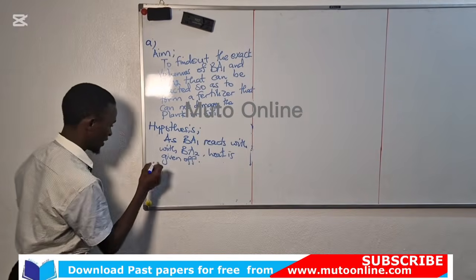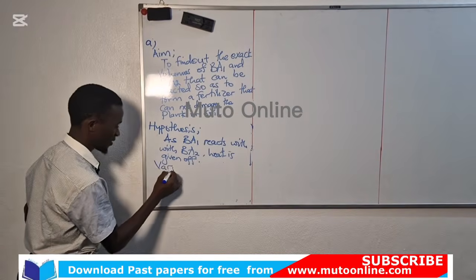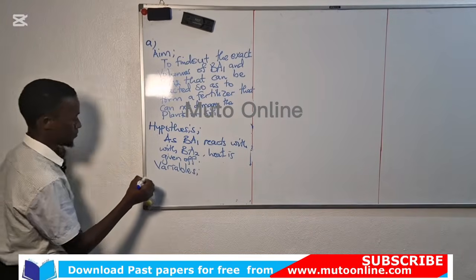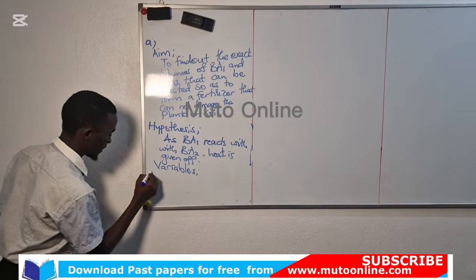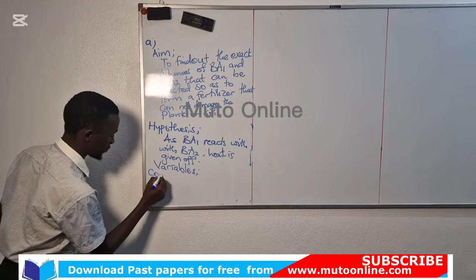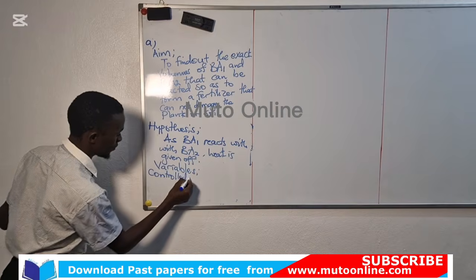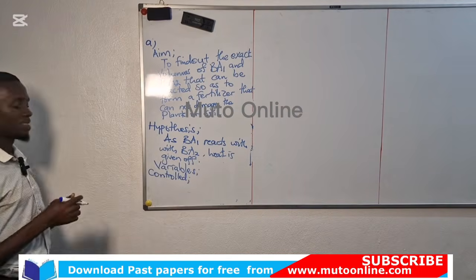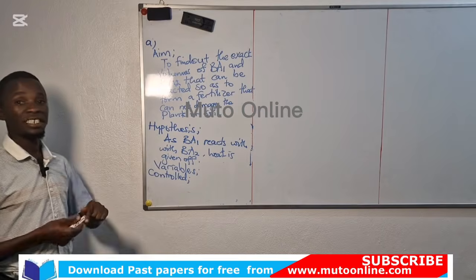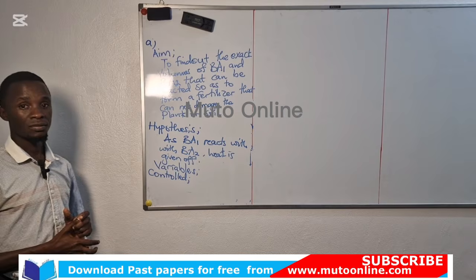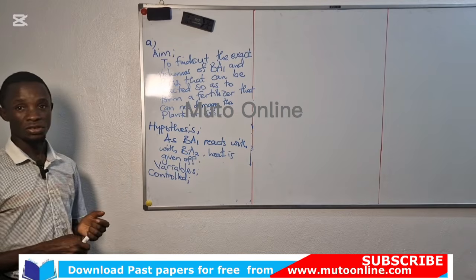The variables. Members, the controlled variables, we said a controlled variable is the one that is going to be kept constant within the investigation.